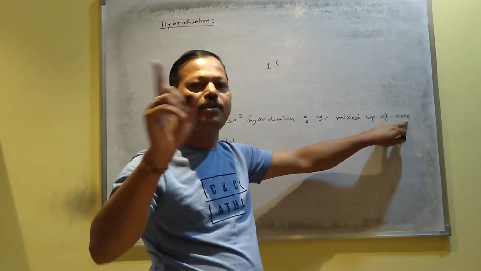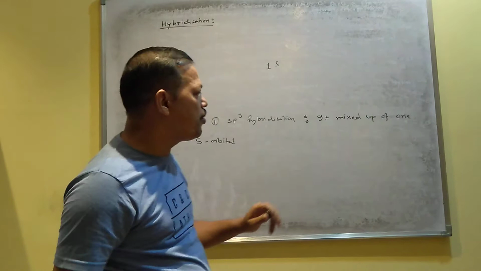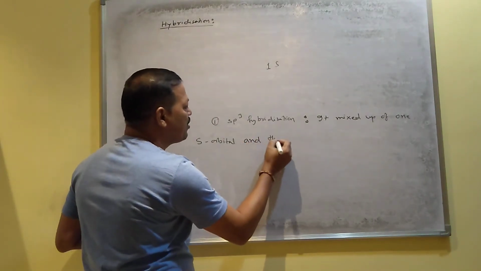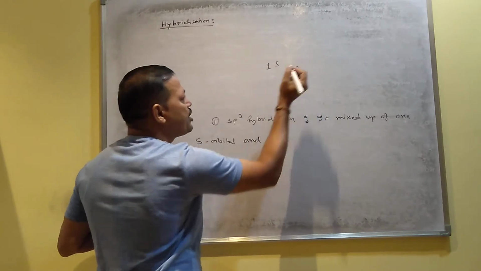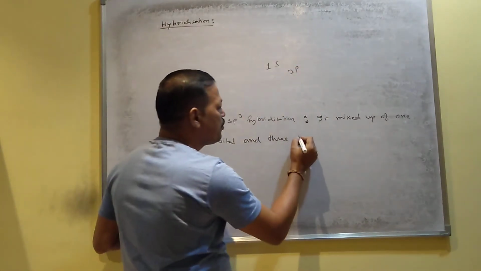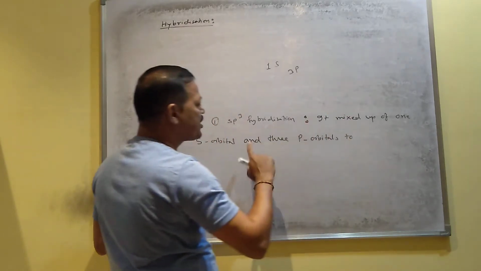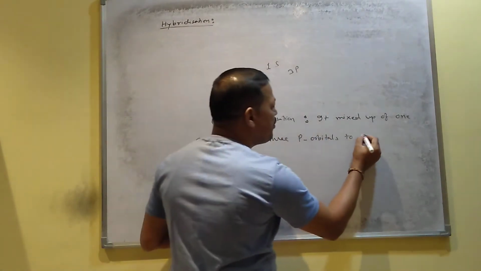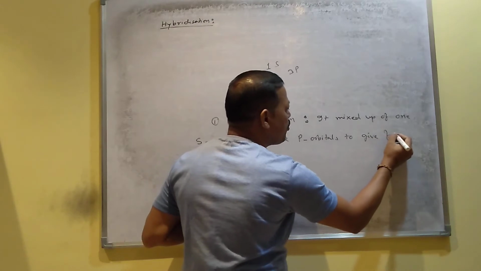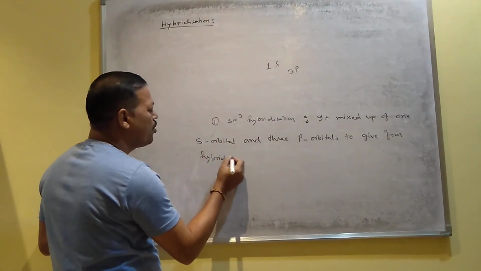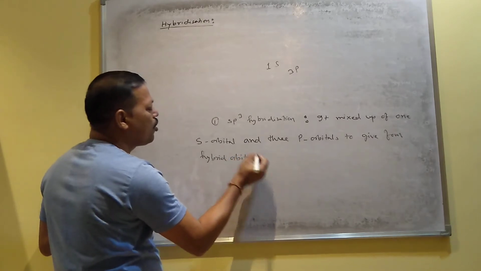It may be 1s, 2s, 3s, or 4s. So one s orbital and 3 p orbitals, total 4, give 4 hybrid orbitals.